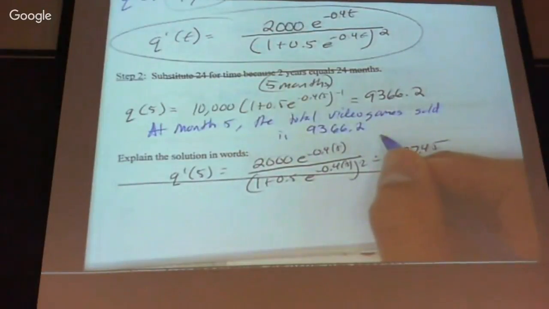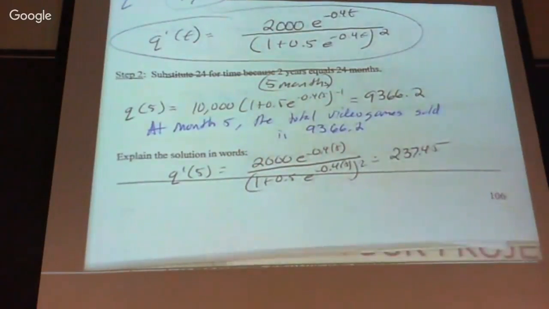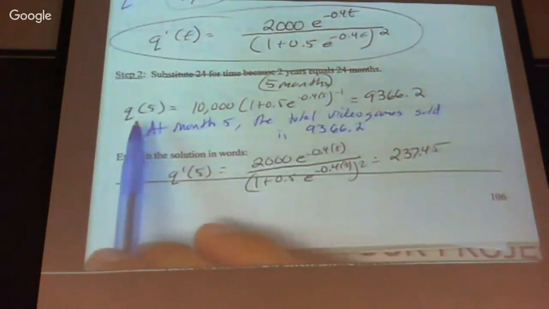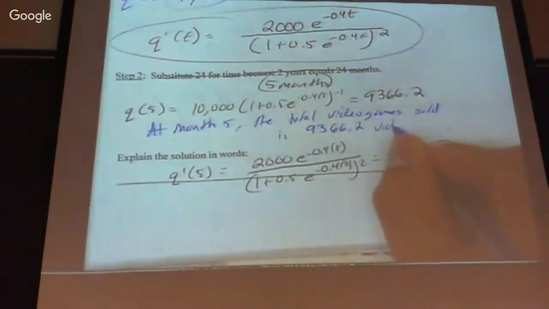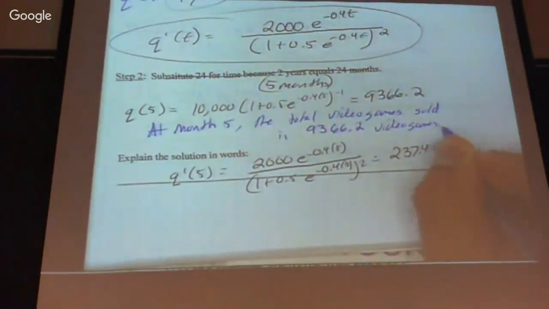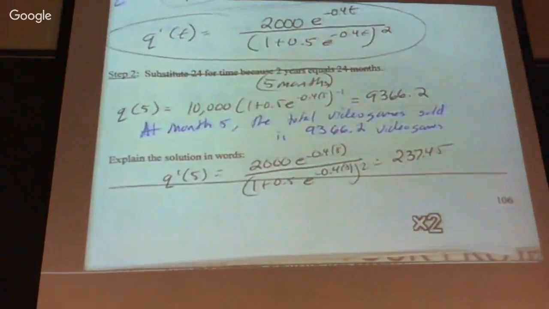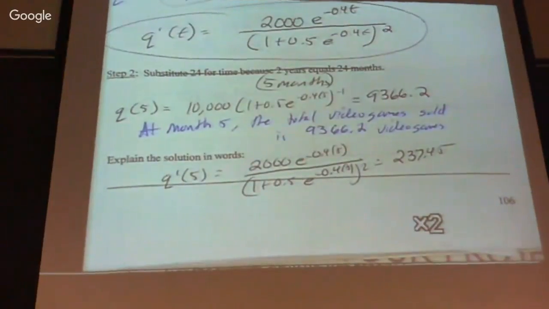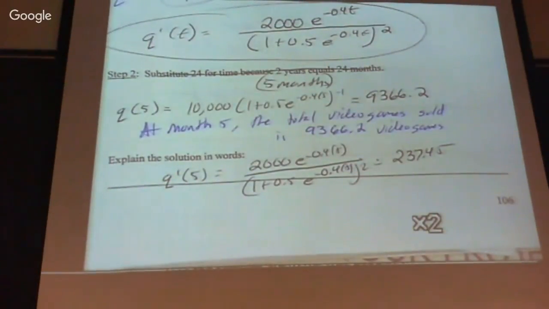Video games or video games per month? I'm plugging in the original. So what's the original? Video games. Okay, so be careful. It's not always perfect. The one that's the derivative. 5 into the original will tell me how many total video games. So what does that mean?